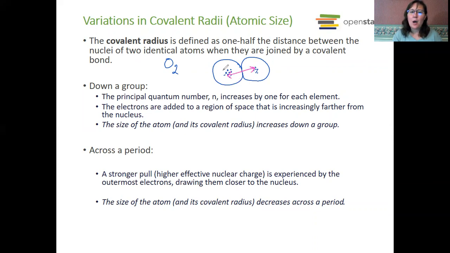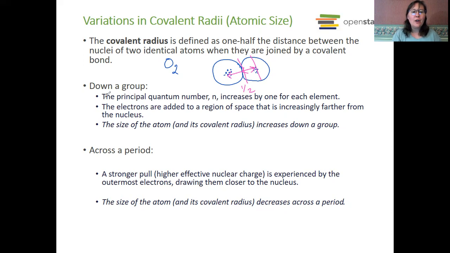This is the distance between the 2 nuclei, and the covalent radius is half this. Okay, it's another way of looking at atomic radii. The covalent radii is usually a little bit smaller than an atomic radii, but sometimes this is easier to see.